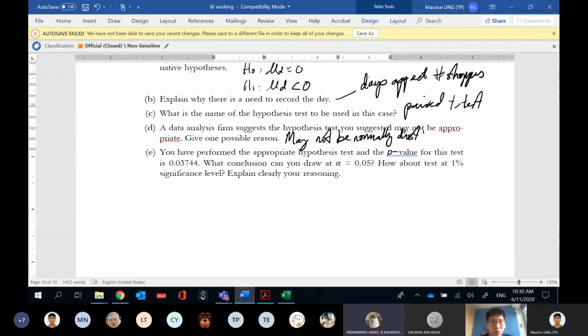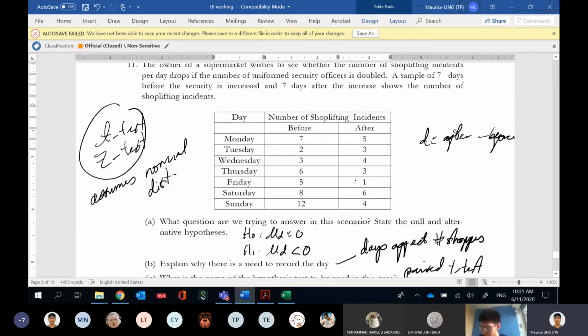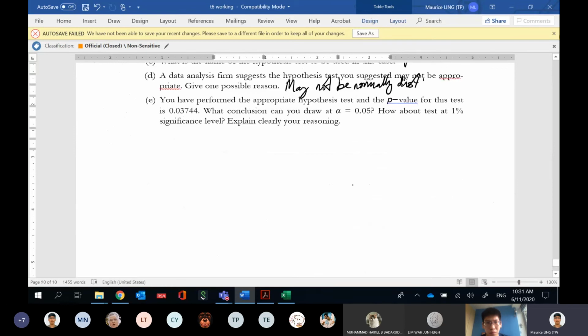P is less than alpha, so we reject the null hypothesis at 5%. Yes. So basically there's a change to increase the security officers. There's a drop. But how about at 1% significance level? P is more than alpha, so we fail to reject.